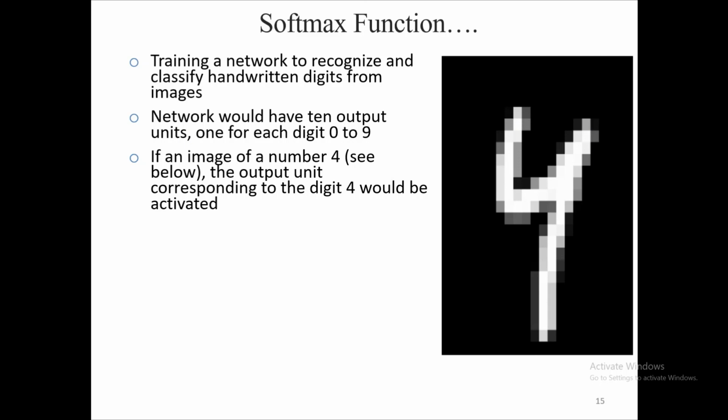Suppose this is a handwritten digit, and the network would have 10 output units, one for each digit 0 to 9. If the image is of the number 4, like this figure, the output unit corresponding to the digit 4 would be activated.